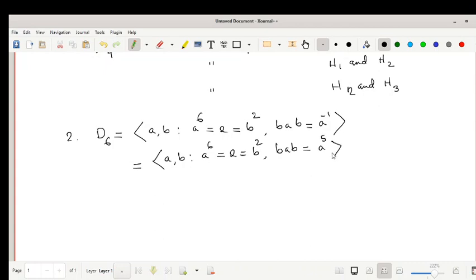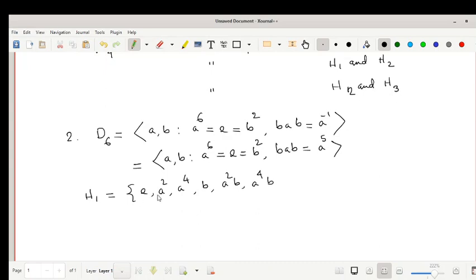So this is D6. Now this D6 is actually an internal direct product of two of its normal subgroups. If we take my H1 to be equal to {identity, A square, A4, B, A square B, A to the power 4 B}.